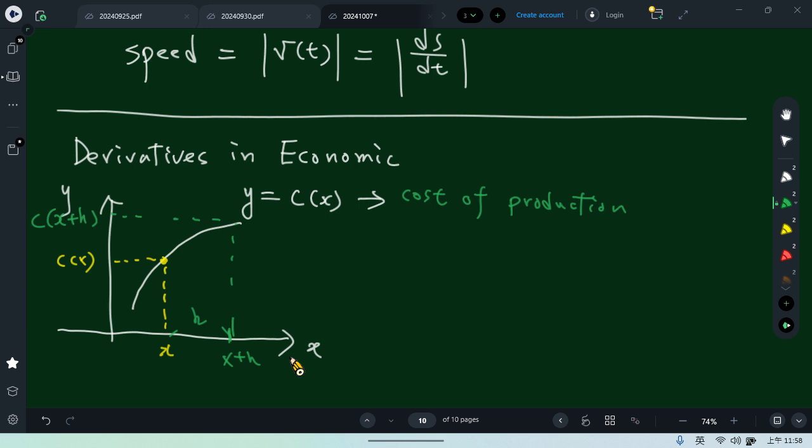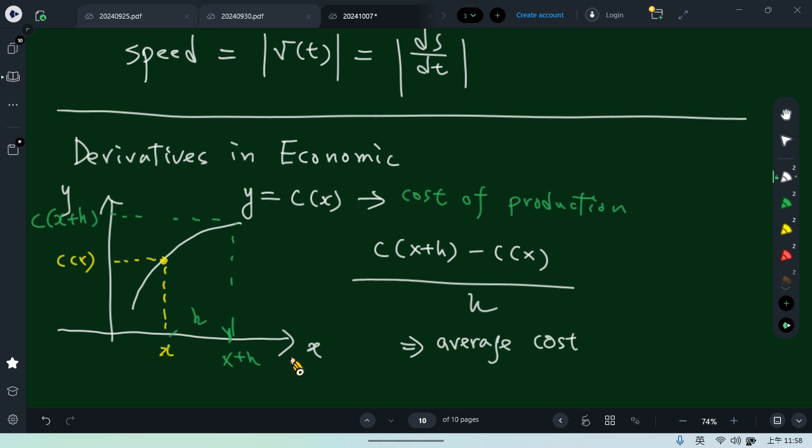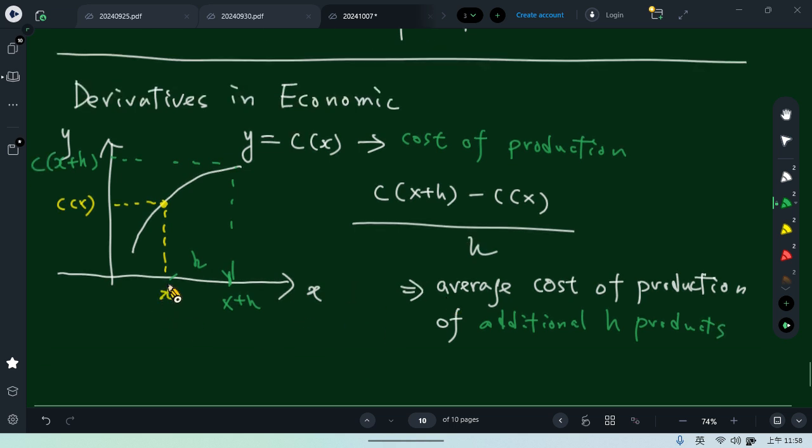Right? Then if we want to calculate the difference, that will be c of x plus h minus c of x, then over h, right? So that you can get the average cost of production of additional h products, right?